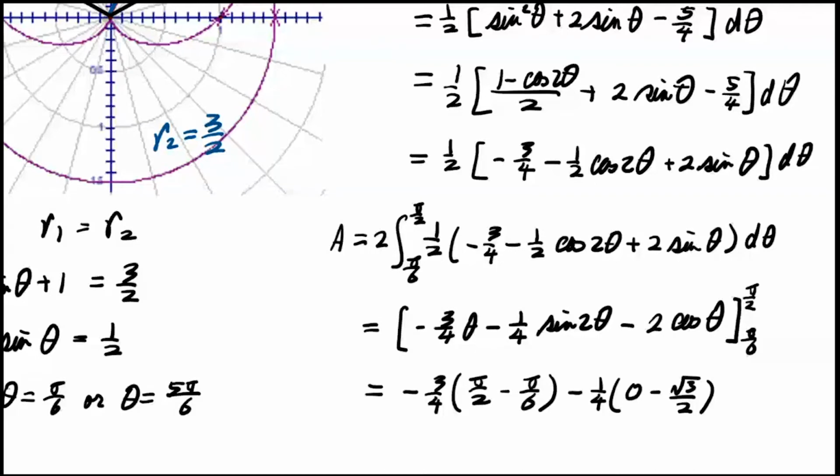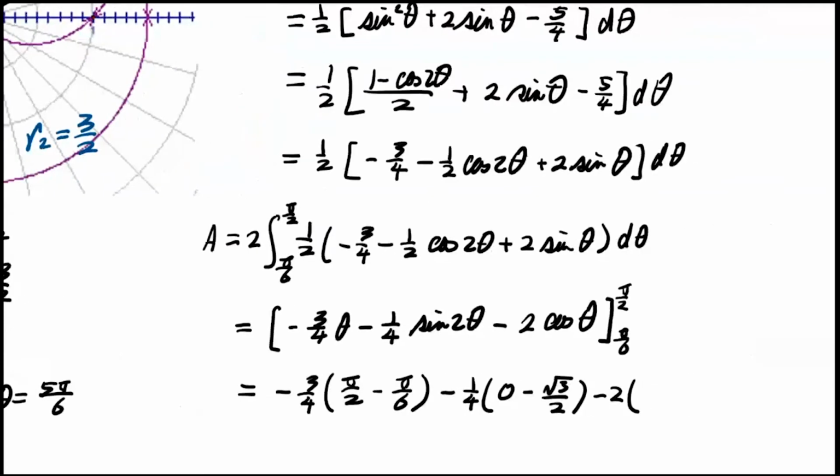I can't believe I'm showing this, but the students struggle with this part so much, so I thought I might show you. Cosine of pi over 2 is 0, isn't it? And then minus cosine pi over 6 is also root 3 over 2.